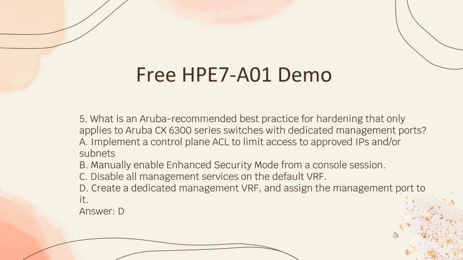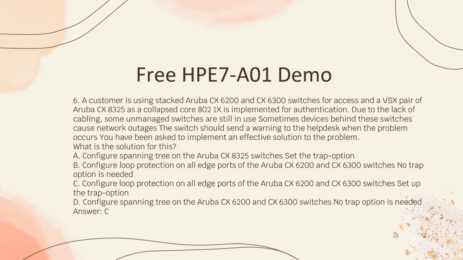B. Manually enable enhanced security mode from a console session. C. Disable all management services on the default VRF. D. Create a dedicated management VRF, and assign the management port to it. Answer: D.